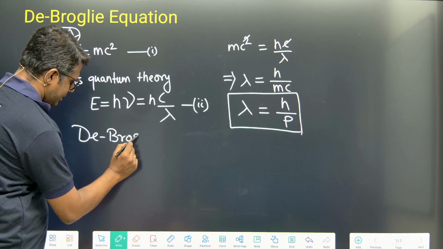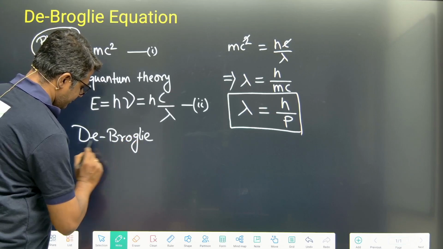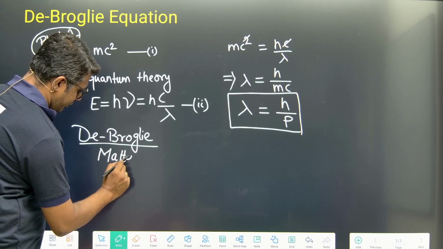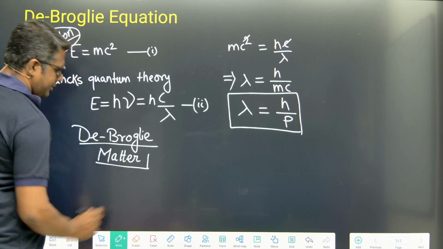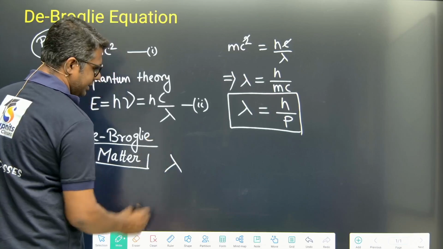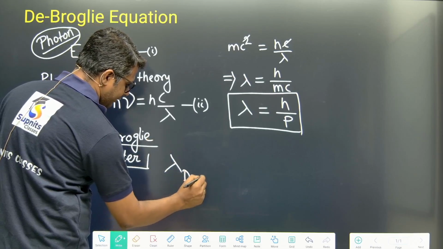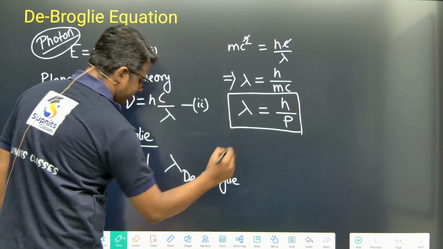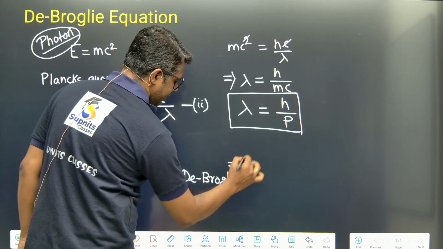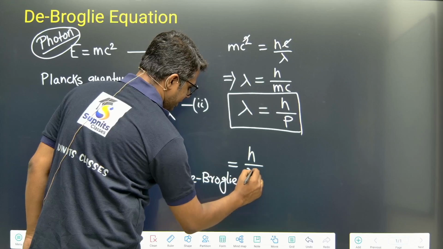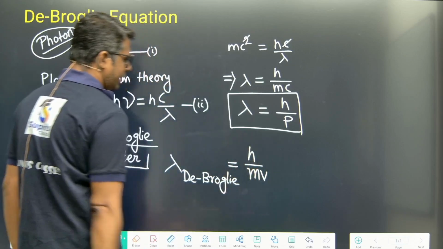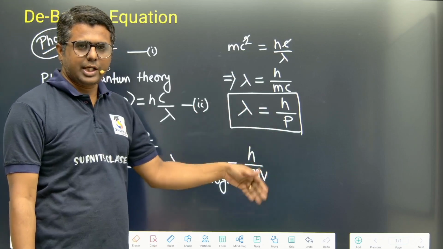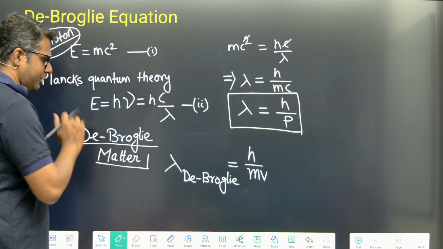After this, de Broglie said for matter, lambda, which is nothing but de Broglie wavelength. Many times it is asked, de Broglie wavelength will be equal to h by mv. So what did de Broglie do? De Broglie brought this equation of lambda for photon and used it in case of matter also.